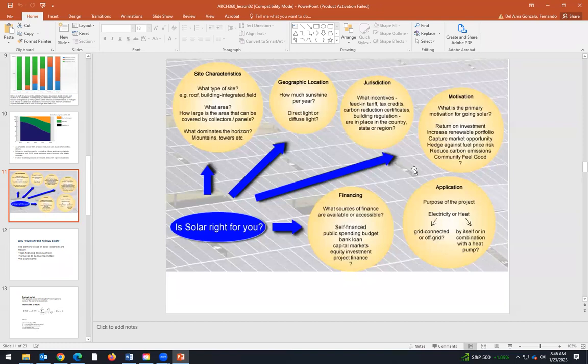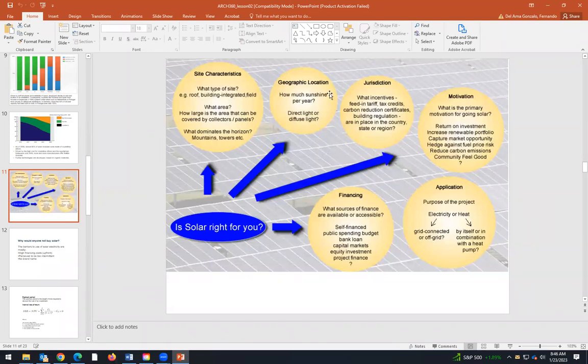And then, after analyzing all this, we decide, okay, let's go for solar. Then we need to develop the project and take care of the financing. This is what we can do as architects, and this is what we'll be doing in this course.